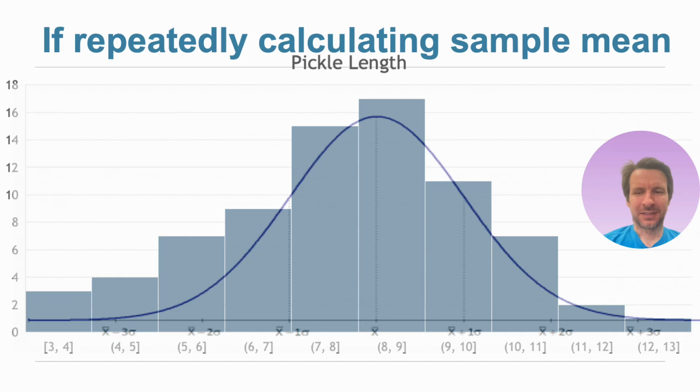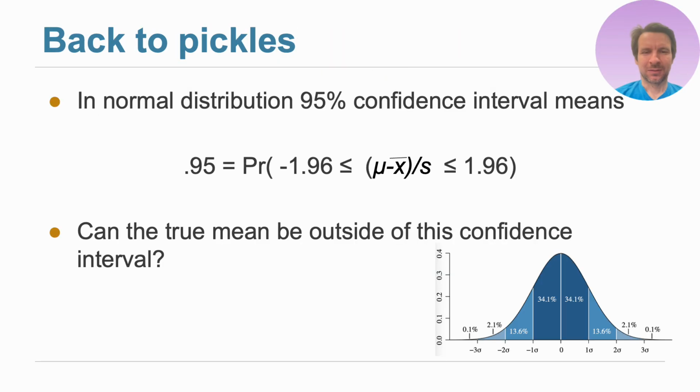Here is a picture of how it looks if you put the normal distribution over it. Right? So, alright, what happens is that we have our sample, we calculate the mean, and we would like to figure out where the true mean is.